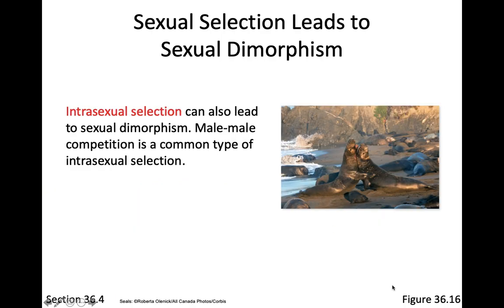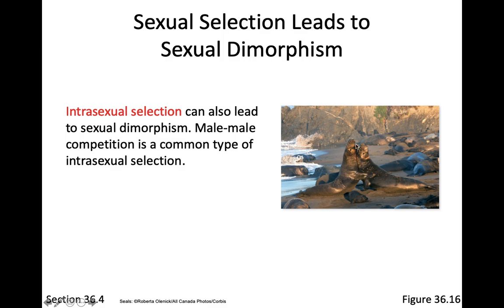So what drives sexual selection between organisms? Well, there are two different types. You have intrasexual selection, which is males fighting with males, fighting with one another over access to females.